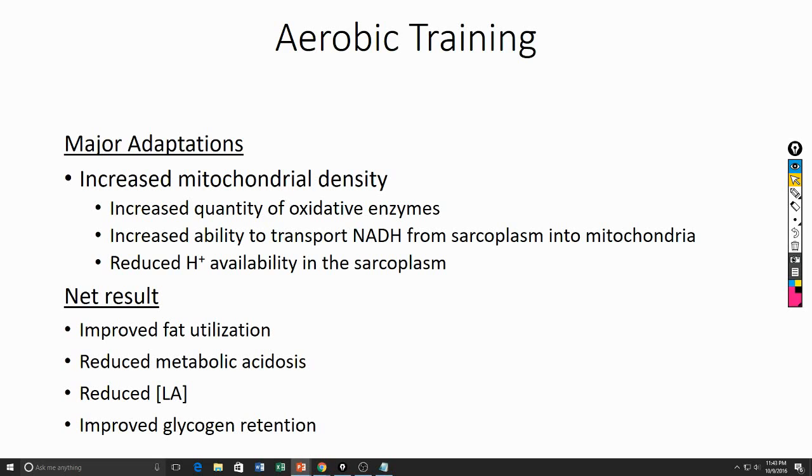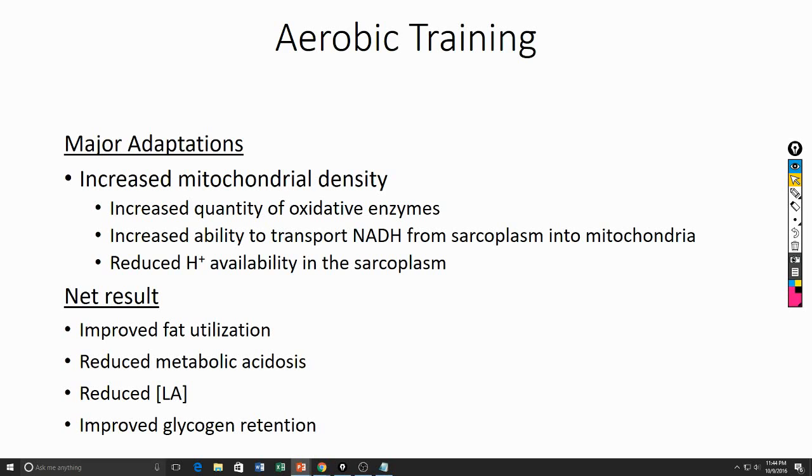Okay, that transport of NADH, so that the shuttles are improved. You're also reducing the amount of hydrogen in the sarcoplasm. Okay, because if your mitochondria is working better, it's taking up those hydrogens. Remember back to the electron transport system. Electron transport actually directly uses hydrogen to produce energy.